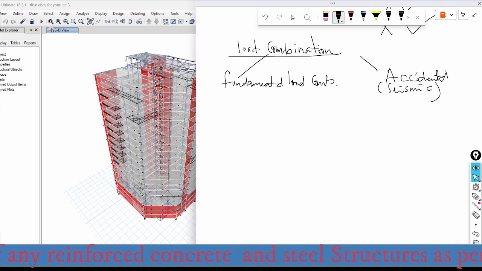In the case of fundamental load combination, we will not consider seismic action. The basic and fundamental loads will be the gravity load plus the variable load.